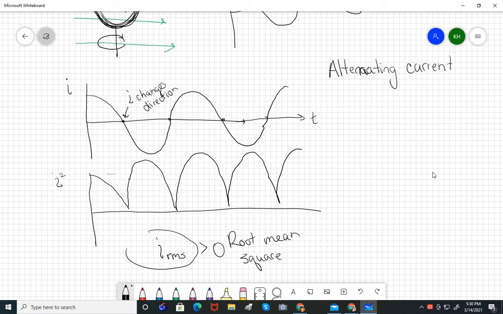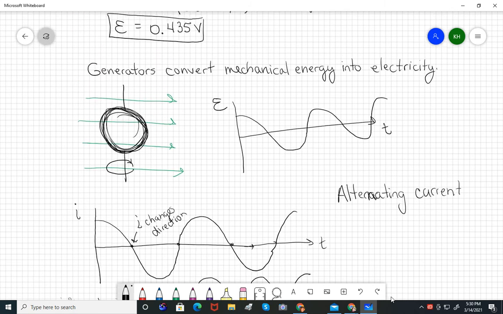Generators are effectively the exact opposite of an electric motor. With an electric motor, you put electricity in and you generate mechanical work. With generators, you do mechanical work and you generate electricity. There are different ways to rotate these coils.